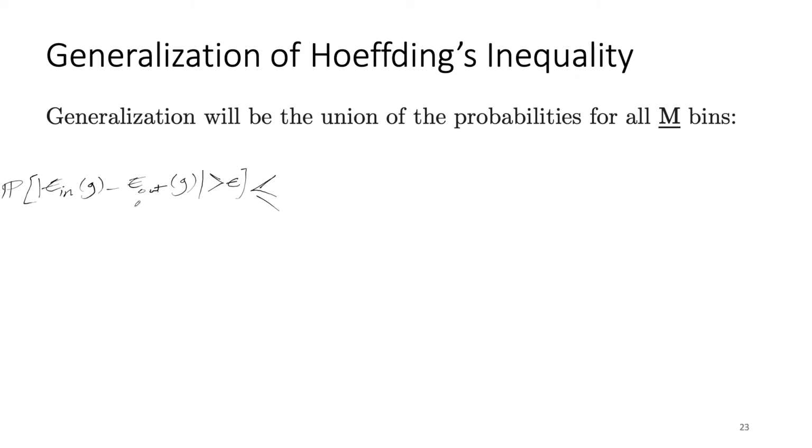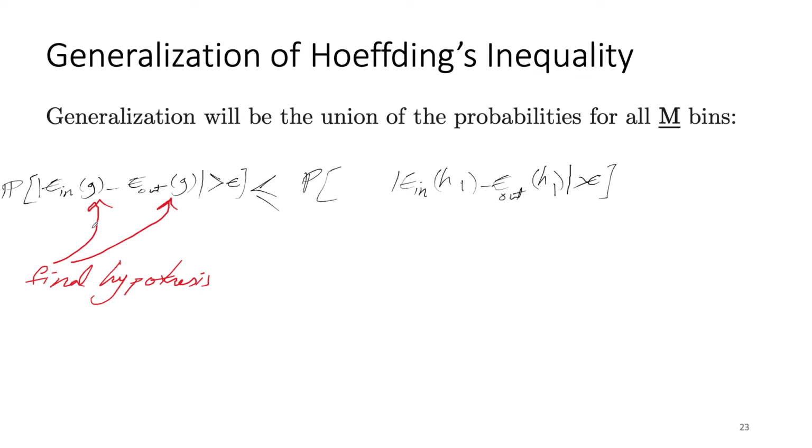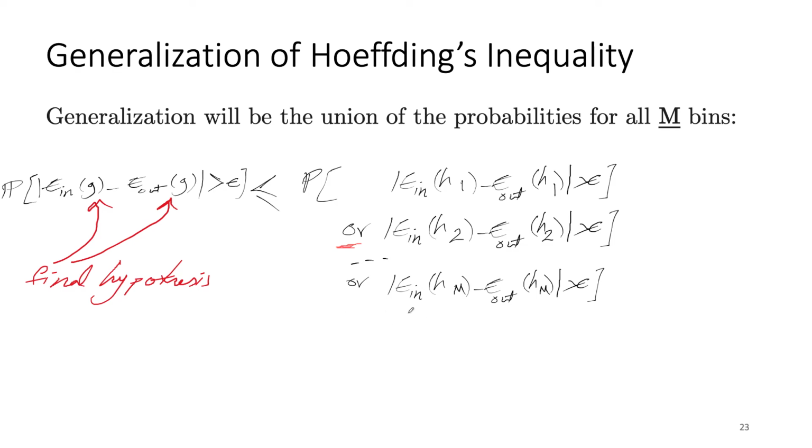What we can say is that finally the probability of the difference between En and E out of the final hypothesis g, which we figured after observing data, is always smaller than the probability of the absolute difference between your En and E out of the first bin using its first hypothesis, or the second one, or the last one, the mth one.